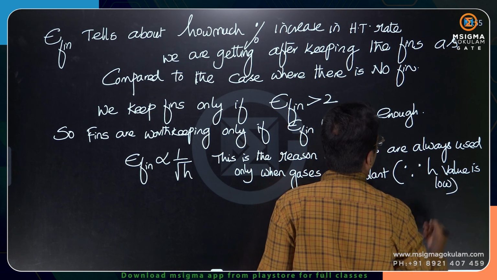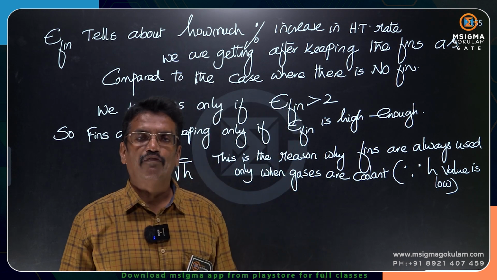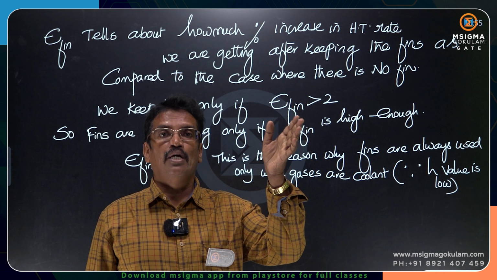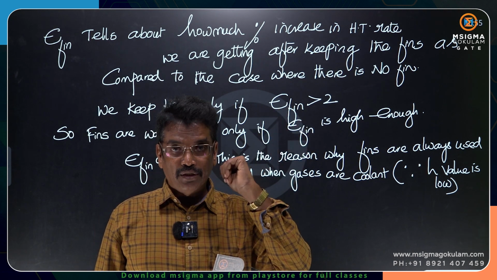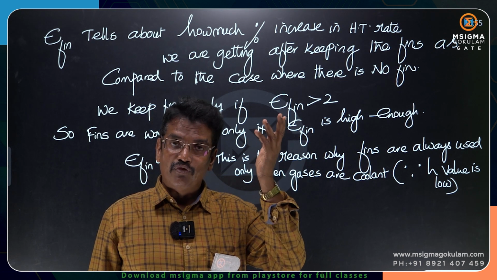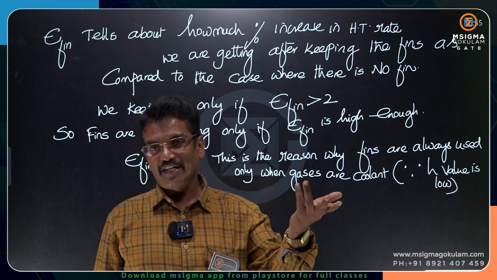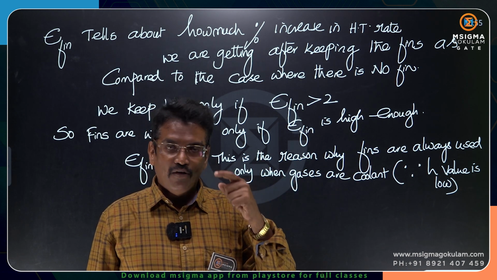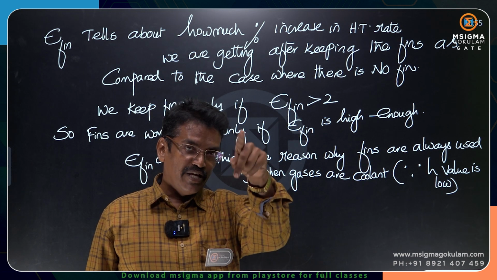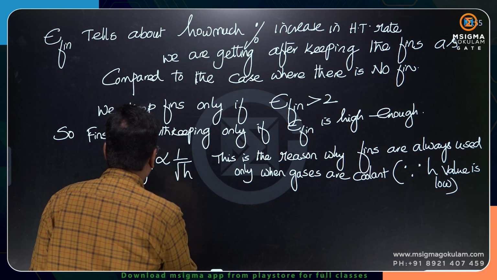With air, what is the h value? Around 15-20 watt per meter square Kelvin. On the other hand, with water, minimum value of h will be around 600 or 700 or 1000. So with water, the h value being very high, effectiveness will be low. So whether you keep fin or don't keep fin doesn't matter, not much difference. That is why wherever you see the fluid around the fin, by default it will be a gas, it will be atmospheric air. Okay, this is the reason.